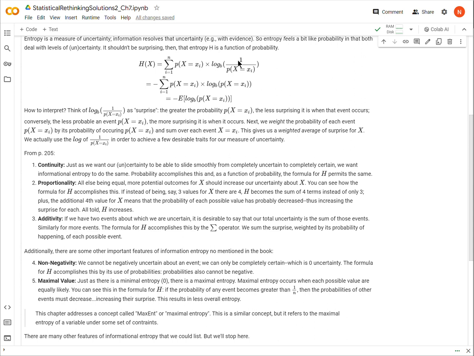So if I have, let's just take a coin flip, heads and tails, and we'll say that they're equally likely, okay? Well, I'm maximally uncertain when heads and tails are just as likely to come up after the flip, and that should make sense, right? I'm most uncertain when they are equally probable.